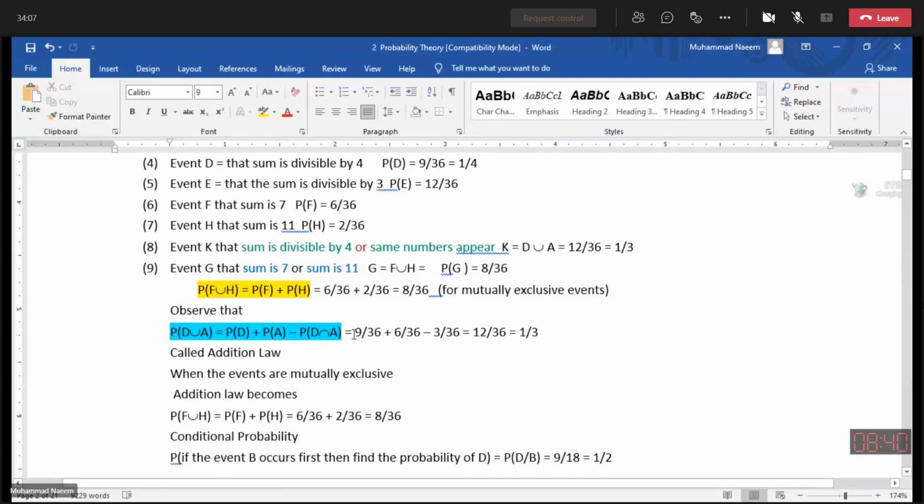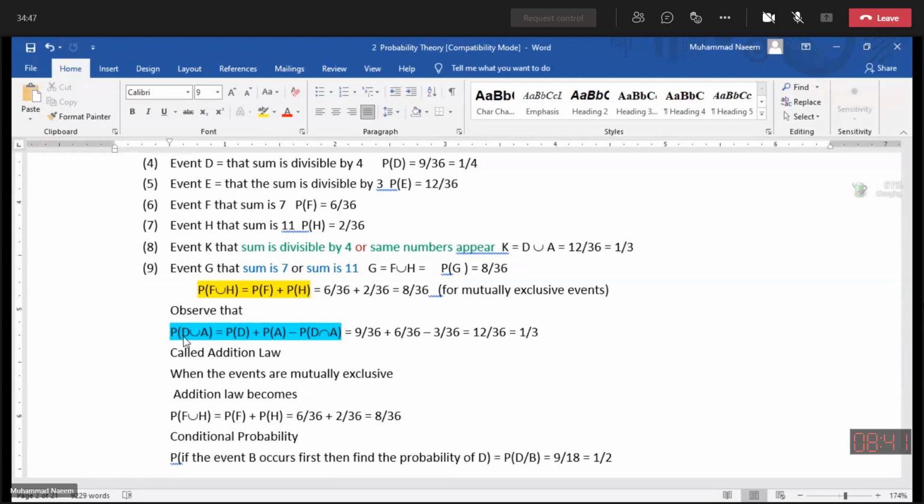So directly we can find their union with one condition, to avoid a repetition. In this way we have combined 12 ordered pairs in the union of D and A. So the probability is 12 by 36.